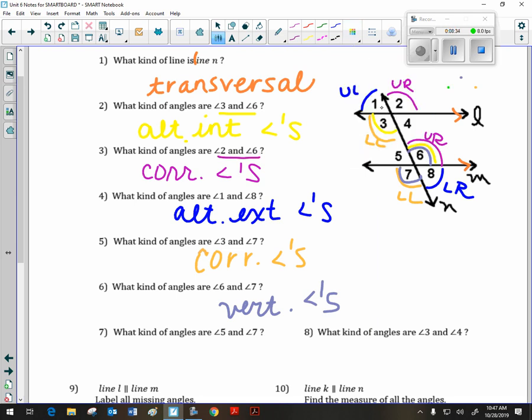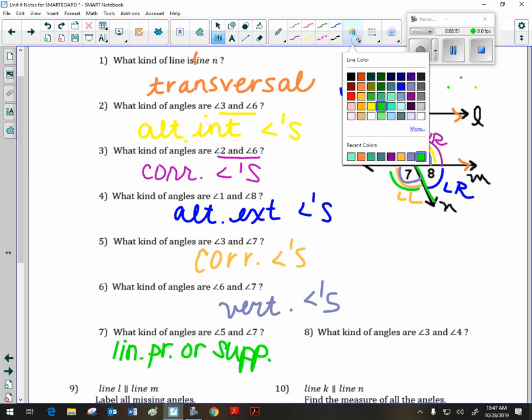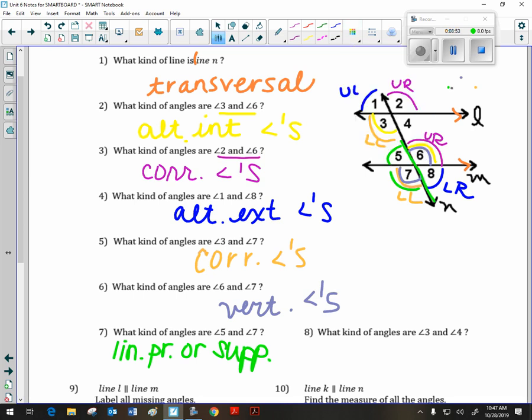They basically sit on this straight line, so we would refer to them as either a linear pair of angles, or we could say that they're supplementary. And then they ask about angles 3 and 4. They're the same kind of angles, either a linear pair or supplementary.